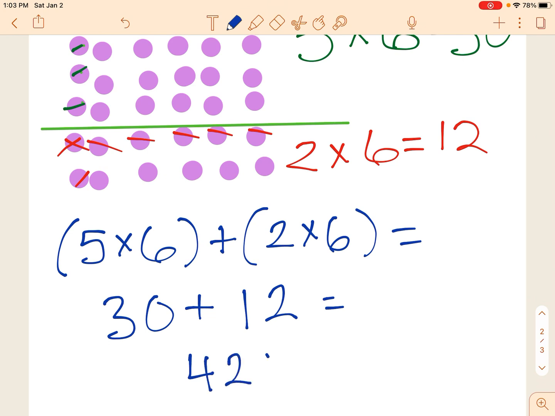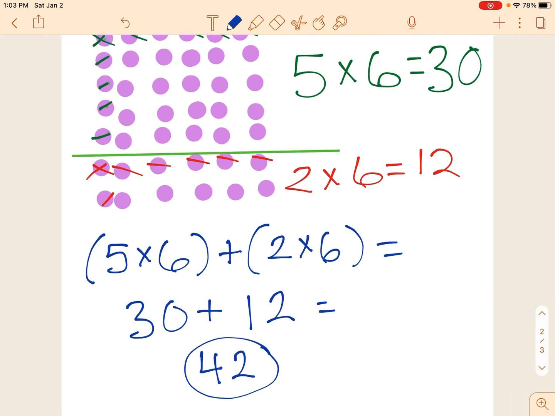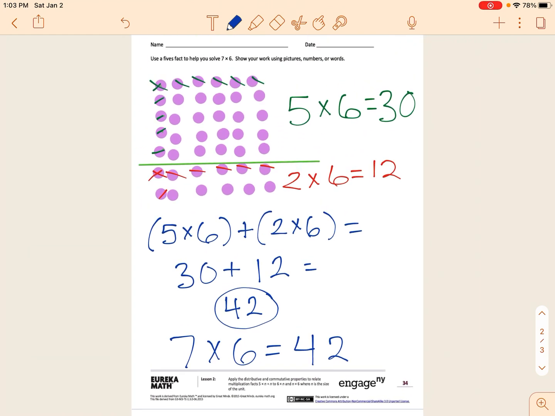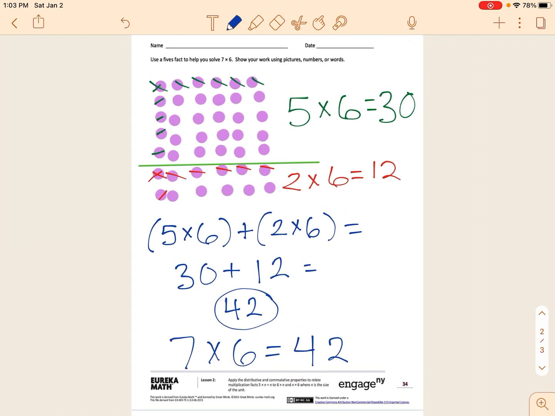So 42 should be my answer, which means that 7 times 6 is 42. That is all we are doing, breaking them down into smaller problems. It asked me to use a 5 fact, and that is what I did at the top. I find it easy if I draw an array first, and I split up that array, then I can get my problems out of it.